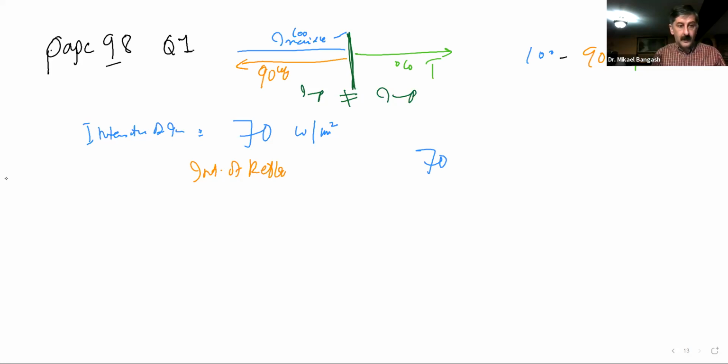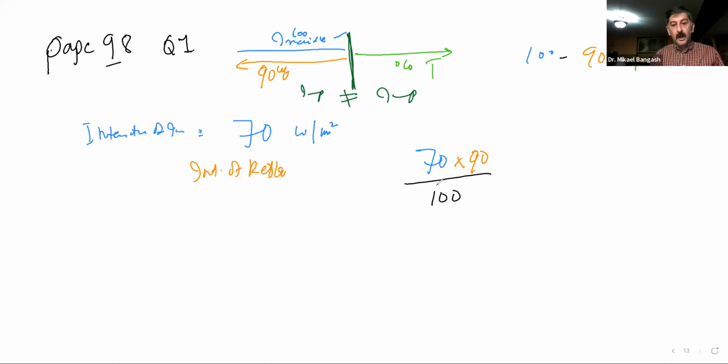We multiply that by 90, the percentage, and divide by 100.